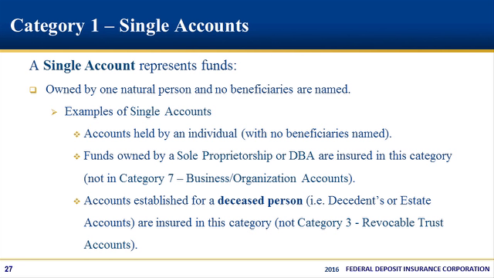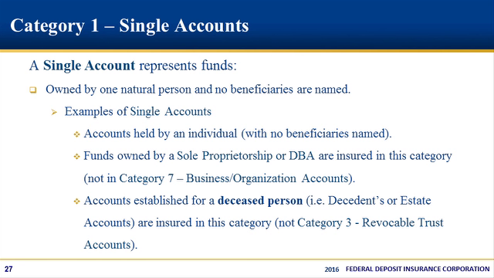The reason is, with a sole proprietorship entity, the owner has not formally created either a corporation or partnership entity, which is required to be covered separately under Category 7 business organization accounts.